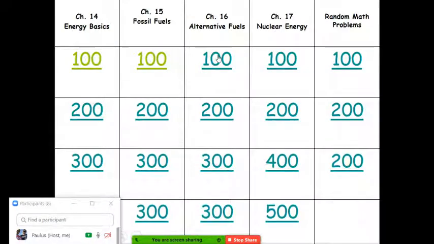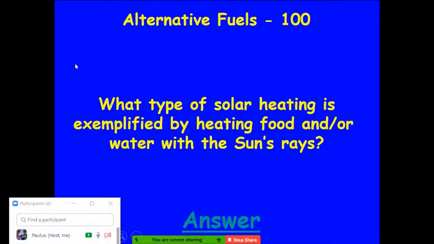Here we go. What type of solar heating is exemplified by heating food and or water with the sun's rays?